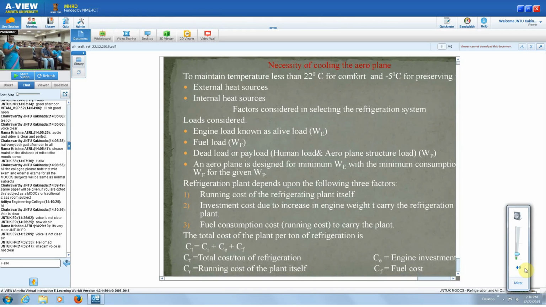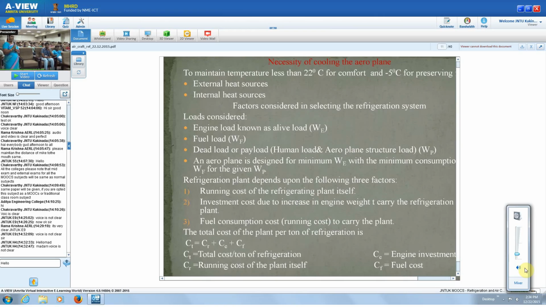The dead load or payload is nothing but the number of occupants inside the aircraft and the aircraft structure also. So the three loads required for designing the air conditioning or refrigeration system are WE, the engine load, the fuel load, and the dead load. An aeroplane is designed for minimum WE, that is, the engine load should be less, with minimum fuel consumption.